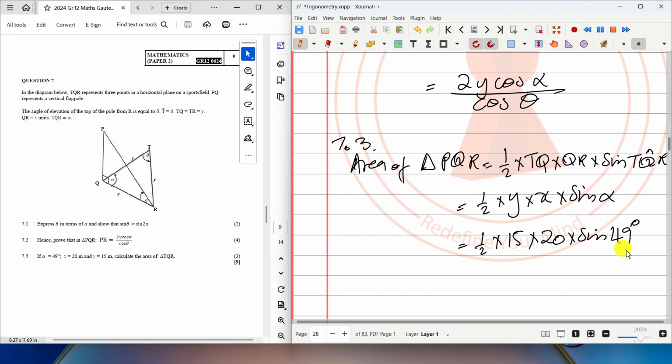Our answer is 113.21 square meters. That is the area of triangle TQR. Sorry, guys, TQR.